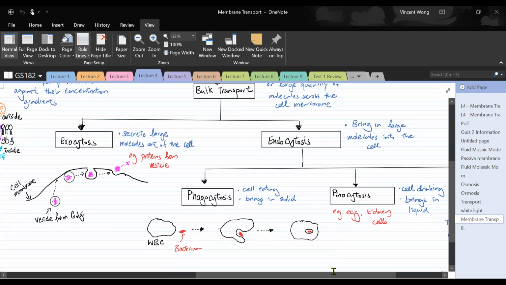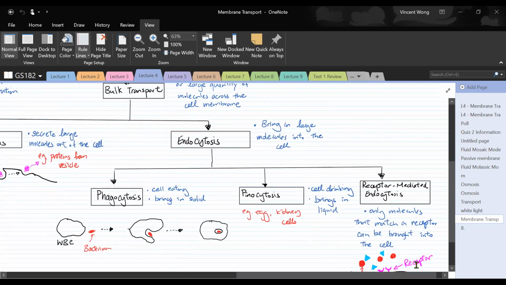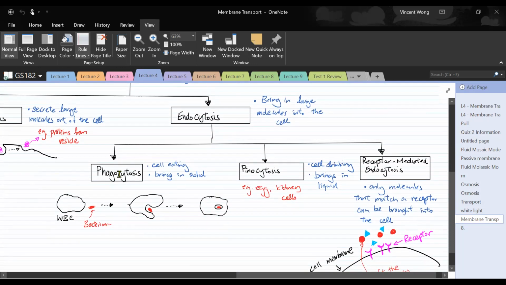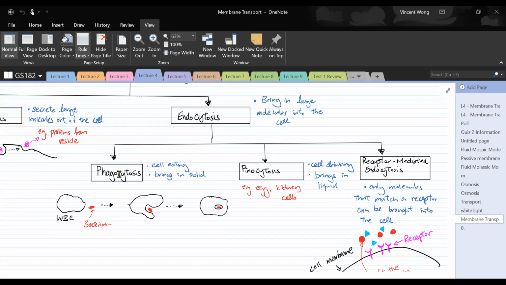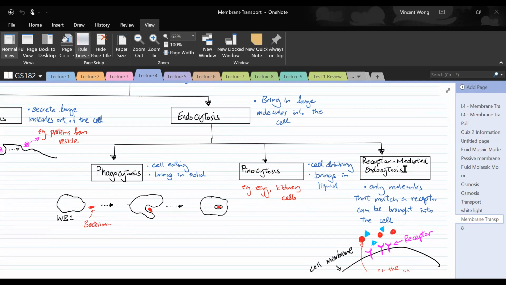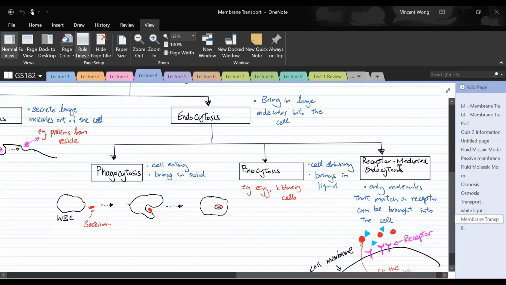In terms of endocytosis, depending on what and how you are bringing things in, it's going to be different. Phagocytosis is bringing in solids, like a bacteria, like a food particle. Pinocytosis is mostly liquid, extracellular fluid. And receptor-mediated endocytosis is, don't focus on what you're bringing in. In this case, it's how you are bringing it in.